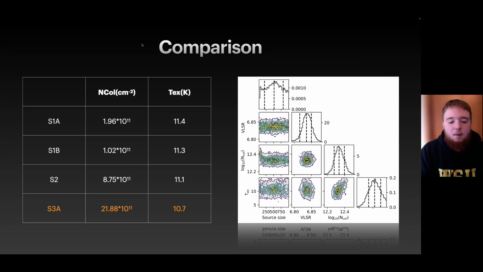And as we can see, my data value falls roughly in line with the other sources, and so that was to be expected. On the right here, we can also see a corner plot, which represents how much the different parameters in my model correlated with each other. A small, well-compacted figure shows good correlation, and as we can see here, the column for source size is very poorly condensed.